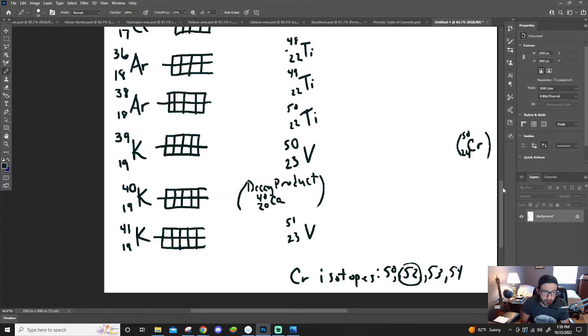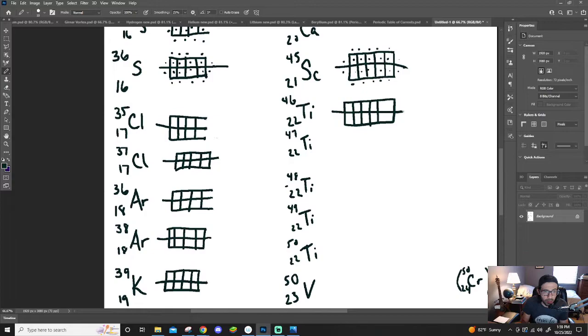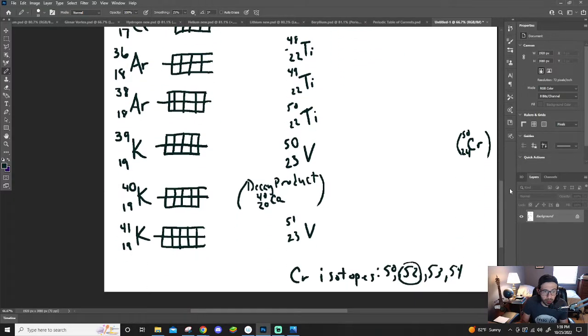Okay, so that gives us some indication, though, that there's 28 here. So if there were 24 here, 28 here, we would just again add another 4 to the same backbone. 1, 2, 3, 4, and 5.